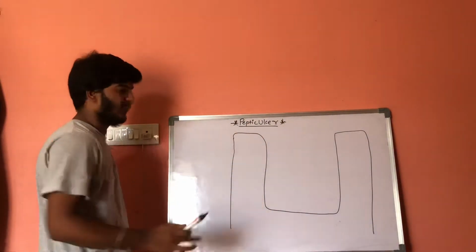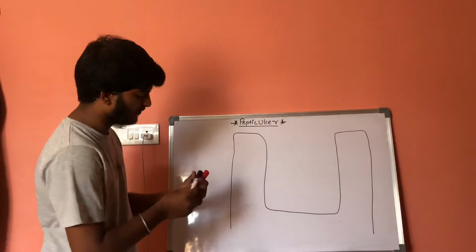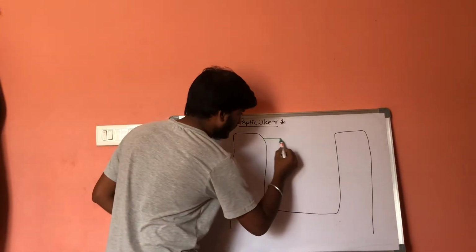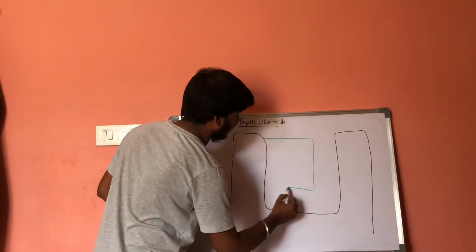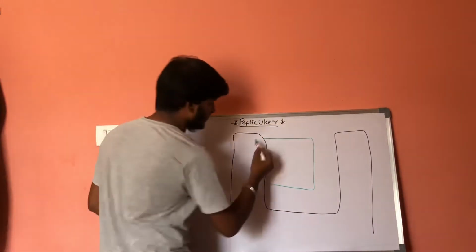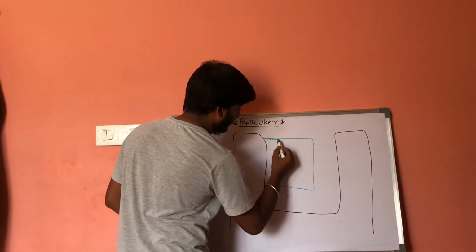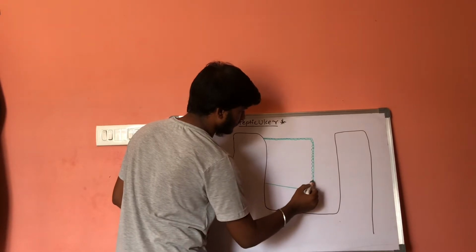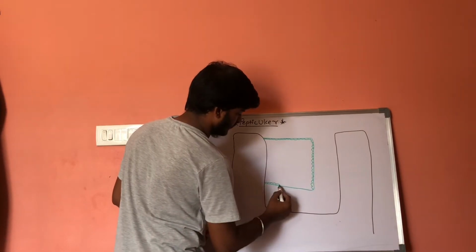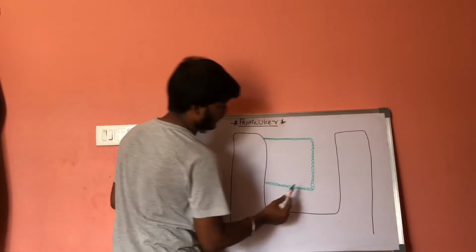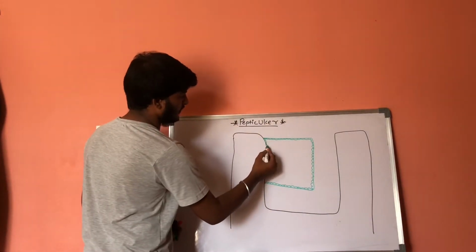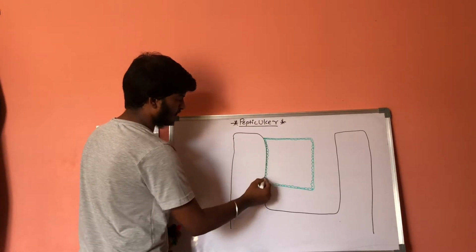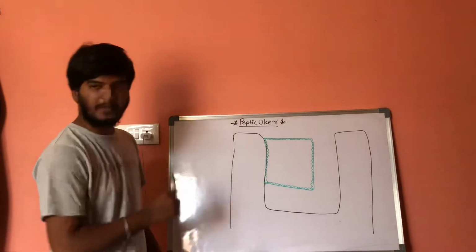Let us consider this is one gastric rugae. Now, on the surface of this gastric rugae, these are the parietal cells. These are a special set of cells called parietal cells. This is one special cell, that is parietal cell.